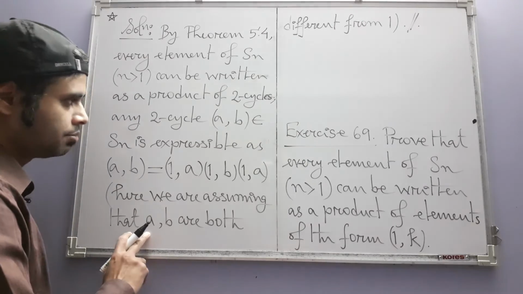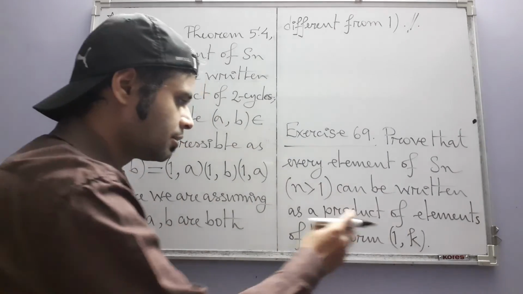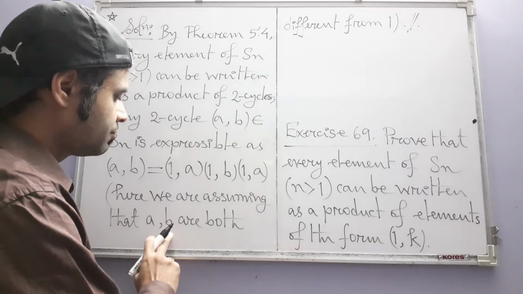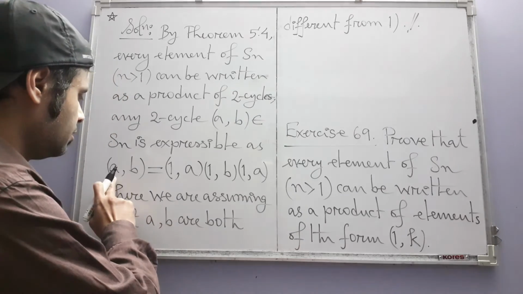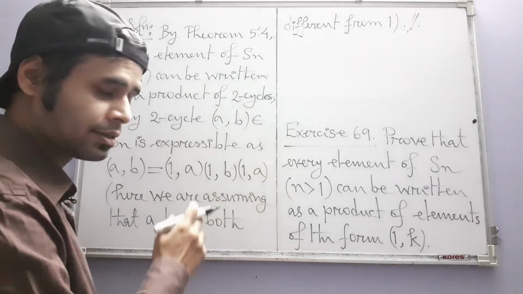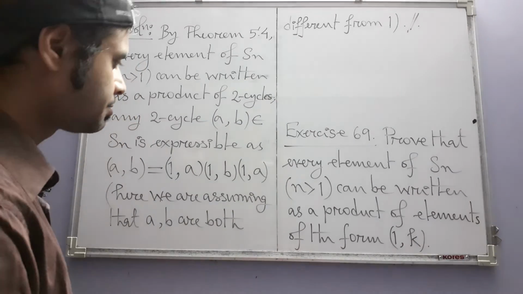But if one of them is 1, then already this 2 cycle is of this form and we need not do anything else. However, if both of them are different from 1, then this 2 cycle can be written as this product. Now let us actually verify if it is true.